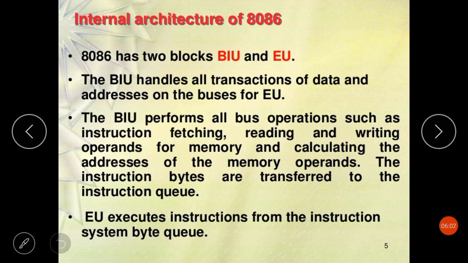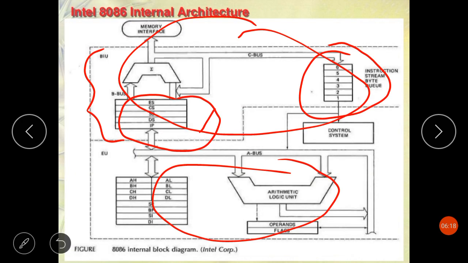The bus interface unit is basically the 8086's interface to the outside world. It provides a full 16-bit bidirectional data bus and 20-bit address bus. The bus interface unit is responsible for performing all external bus operations.